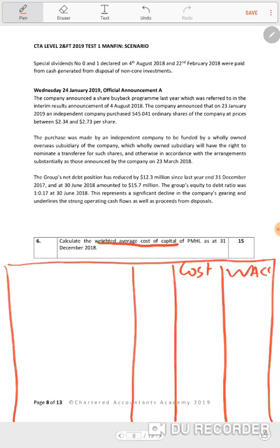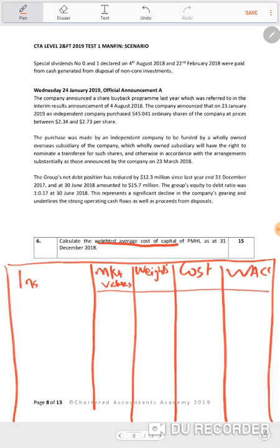You have maybe your weights or your debt to equity ratio, and then maybe if you don't have market values, you have your market values here, and then you have your instruments.